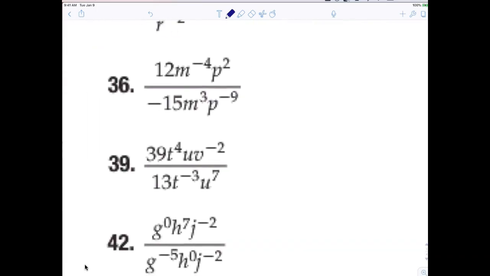36. Go ahead. Reduce the fractions for me. Wait a minute, reduce the fraction first.